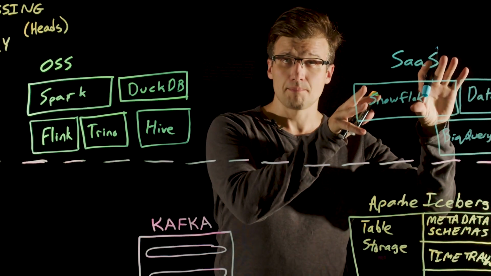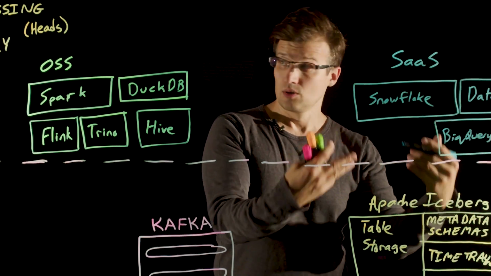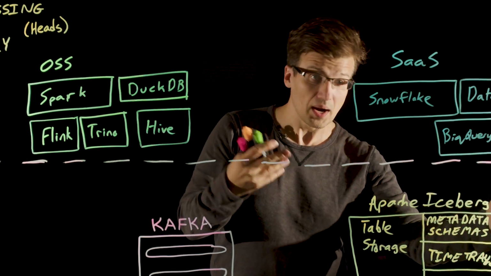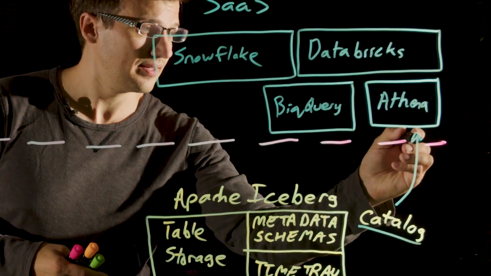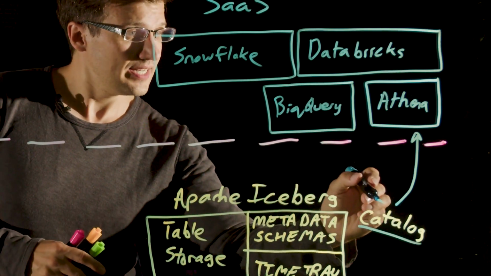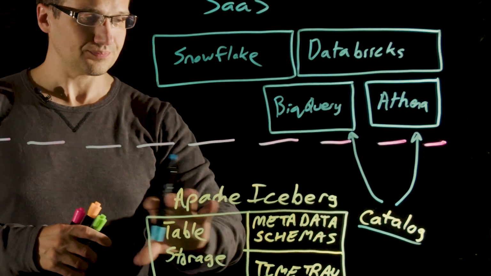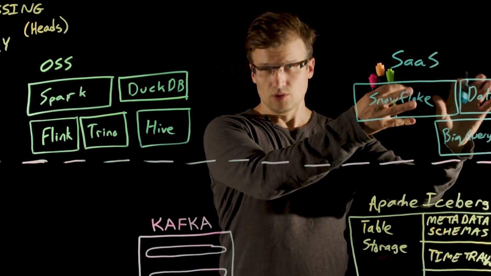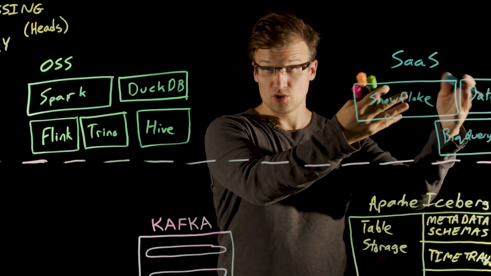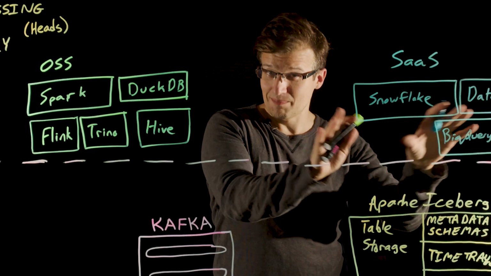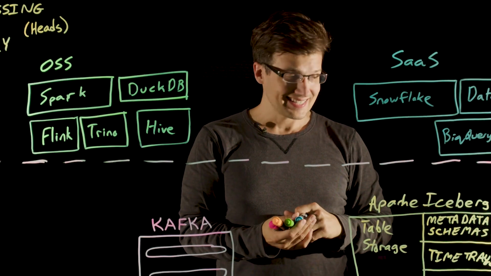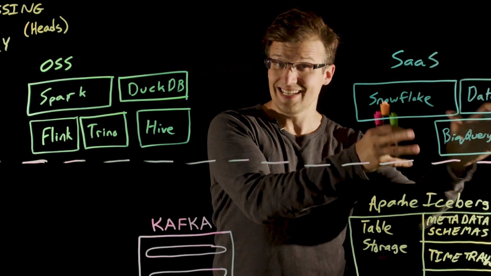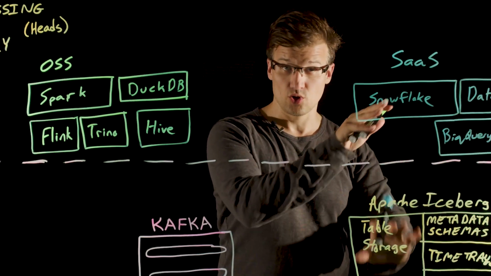And the processing heads that want to either query or process or write to this data need to sync the metadata from the Iceberg catalog locally to some of its own catalog, or again, this will vary depending on your implementations, but it syncs that data there such that it knows easily where all the files are and how to go about querying them.